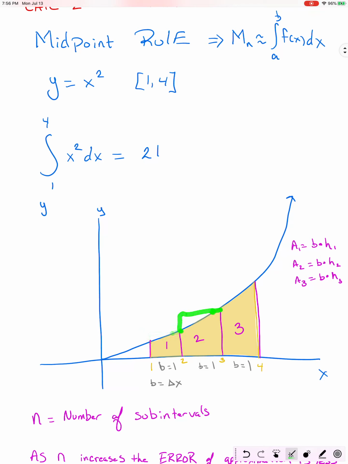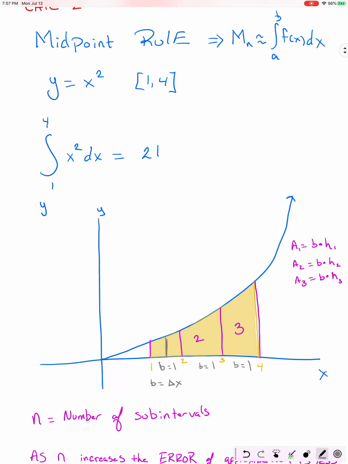We have lots of choices. But M, the midpoint rule, stands for we're going to choose the height of each of these rectangles approximating the area to be at the midpoint of each subinterval.